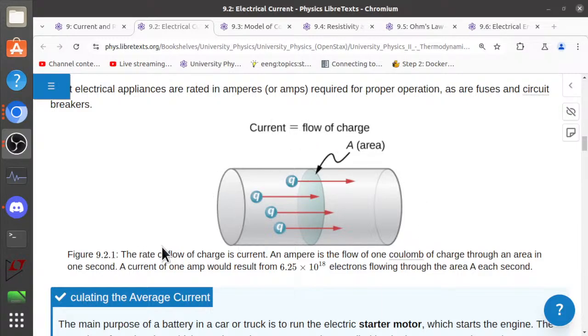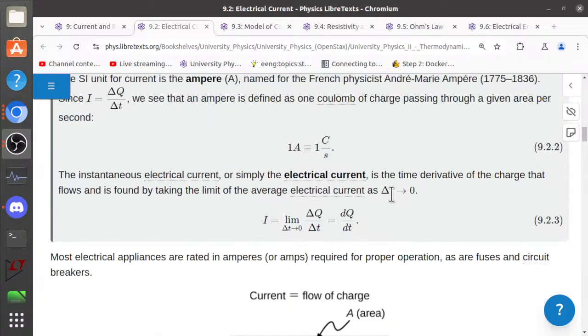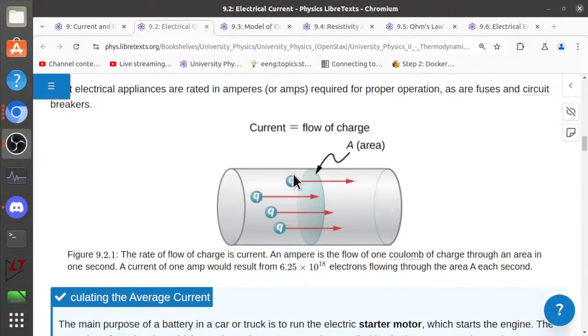Let's assume this is a piece of wire, let's say a metal wire with free electrons and charges can move. But this is general, right? So whenever you move charges across an area over time, you call this a current, electrical current. The definition is basically, you have some tiny elementary charges, like electrons, moving through this area.